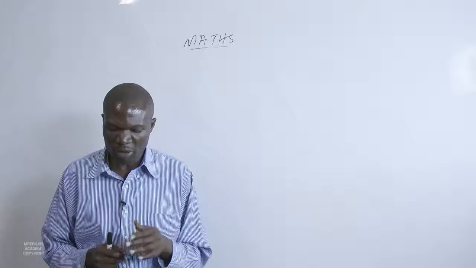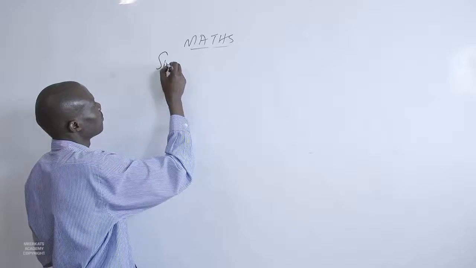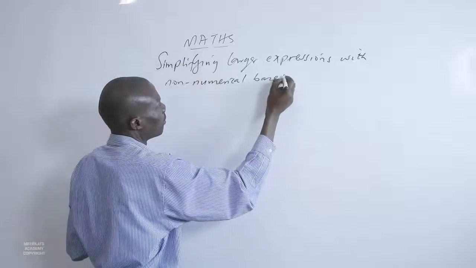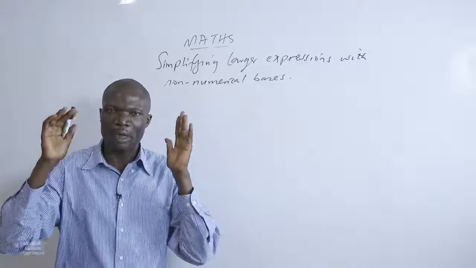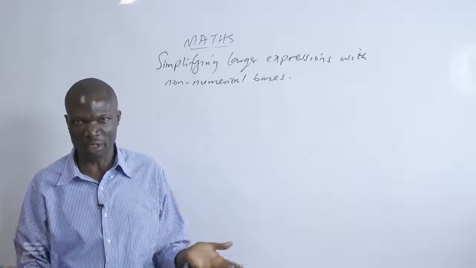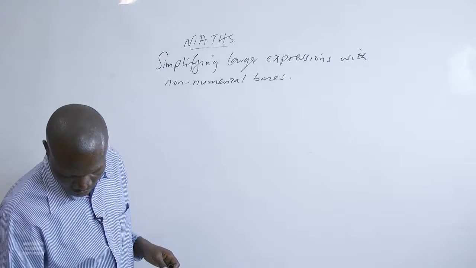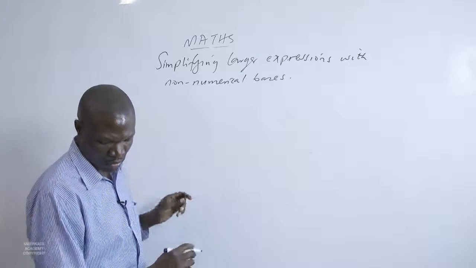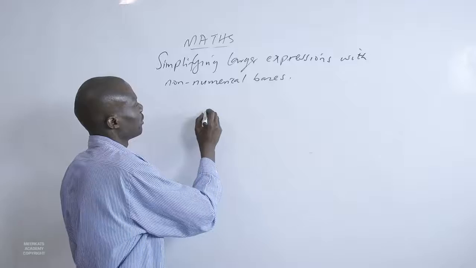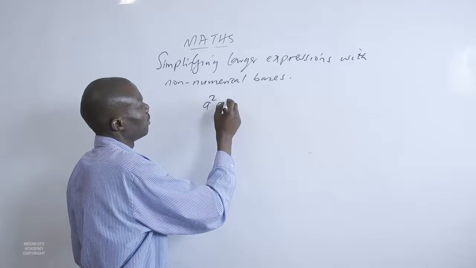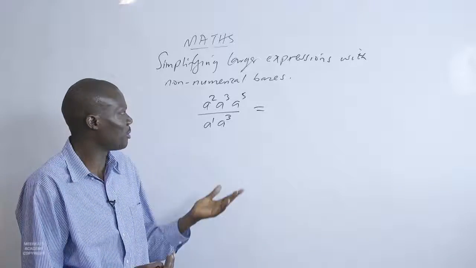Let us look at how to simplify larger expressions with non-numerical bases, those expressions whose bases are not numerals. I'll take a simple one and then you see how to approach it. We can bring it together easily and then we wind up easily.